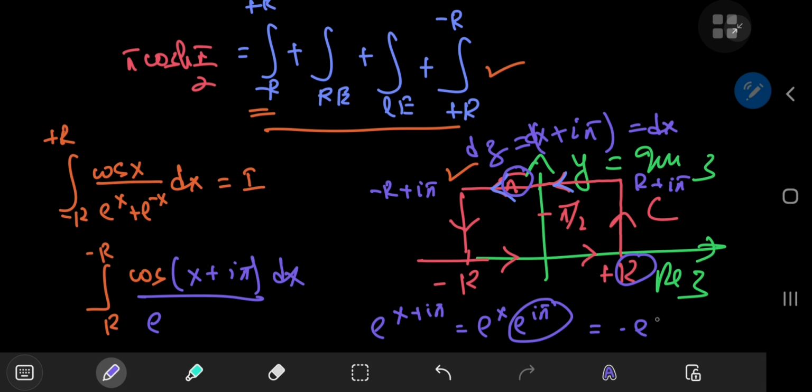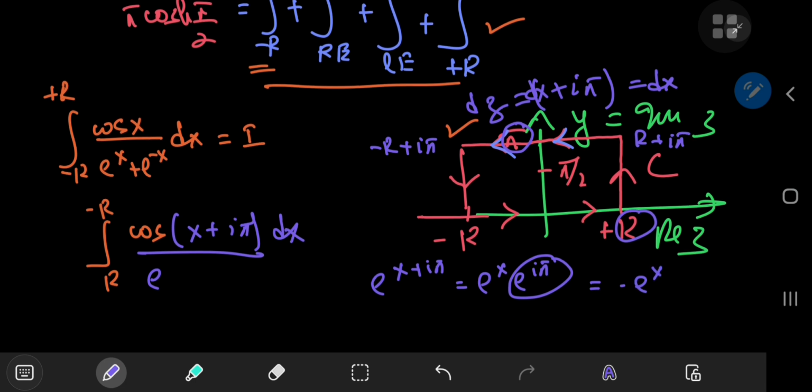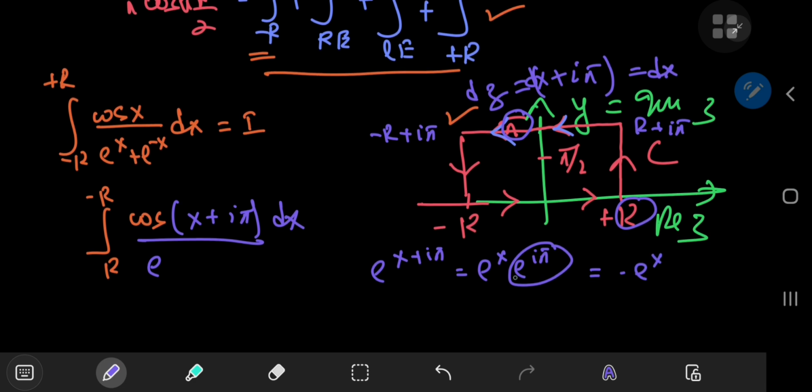So this is -e to the x. And what about e to the -x? Exactly the same. E to the x, negative sign, and this plus turns into a negative as well, -x. And now you can do some cancellations with the negative sign. So you can factor out this negative sign. Then you have a negative sign out here.